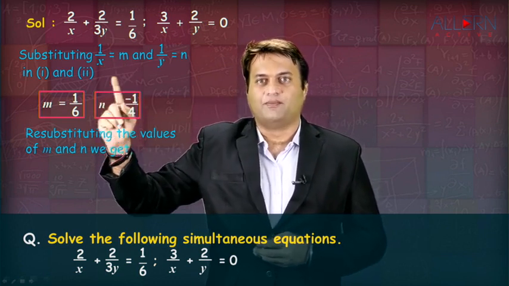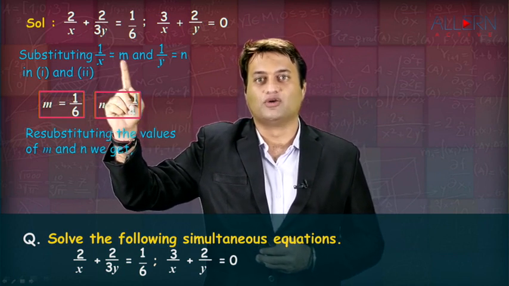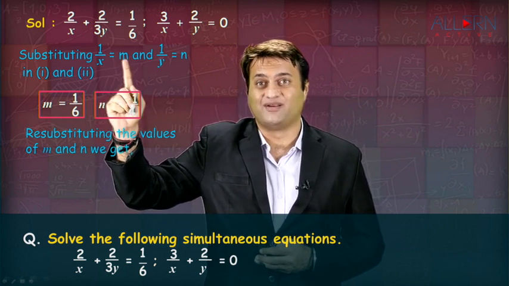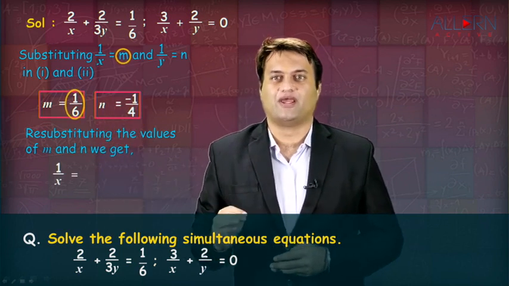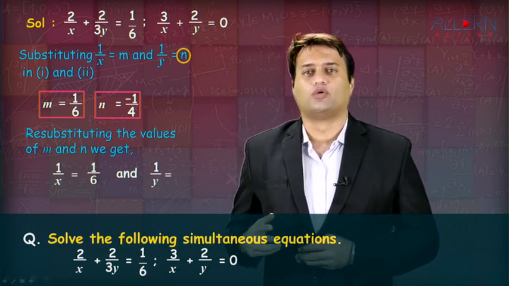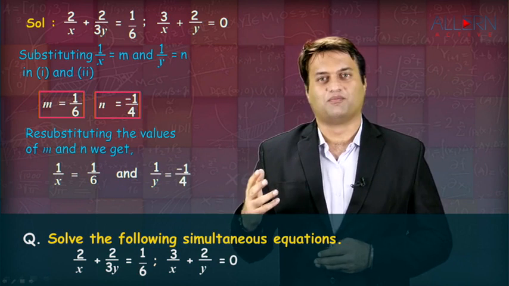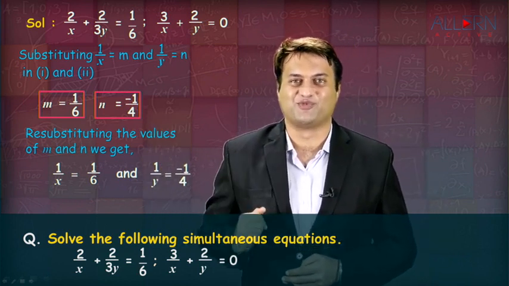So, in place of m, now it will be 1 upon 6. So, what you get is 1 upon x is equal to 1 upon 6, because the value of m is 1 upon 6, and 1 upon y is equal to minus 1 upon 4, because the value of n is minus 1 upon 4.